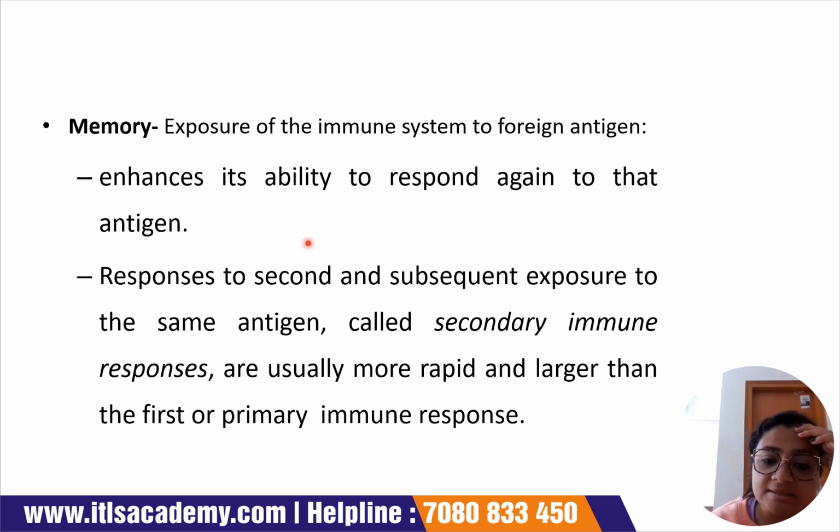So it enhances its ability to respond again to that same antigen, and responses to second and subsequent exposures to the same antigen, which are called secondary immune responses, are usually more rapid and larger than the first or primary immune response. This part is very important. The secondary immune response is much stronger, more effective and more rapid than the primary immune response. Why? Because your body already knows what to do.